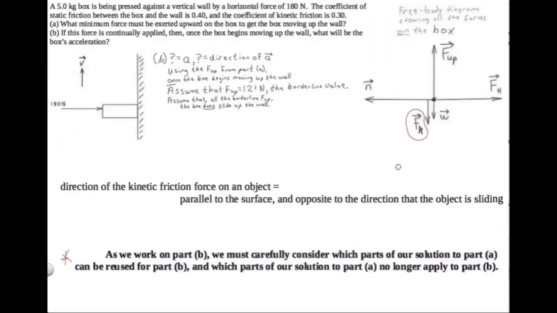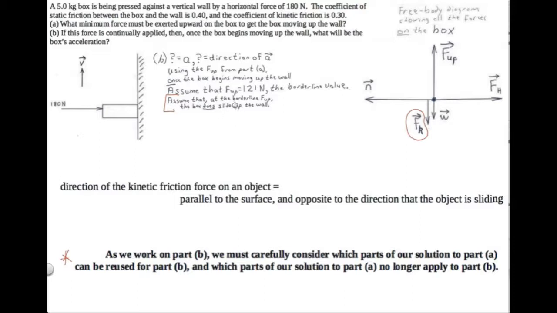Which parts of our free body diagram from part A can we continue to use for part B? And which parts of the free body diagram do we need to change for part B? Well, we need to change how we're dealing with friction. For part B, we're assuming that the box is sliding.